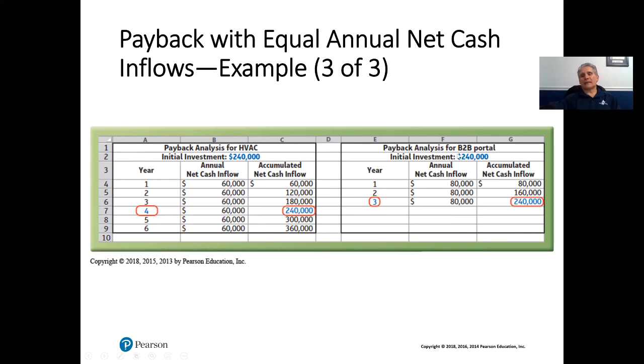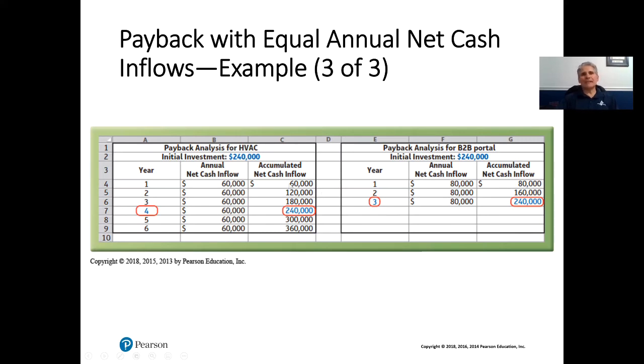Under the payback analysis for the B2B portal, we get paid back in 3 years, which is good in terms of cash flow, but there's no more cash flow after that. So it kind of highlights the weakness associated with payback.